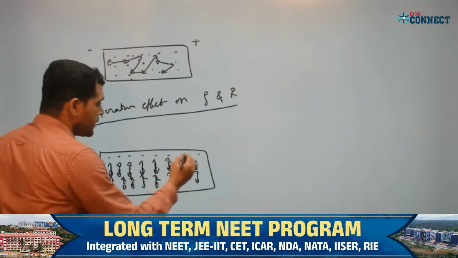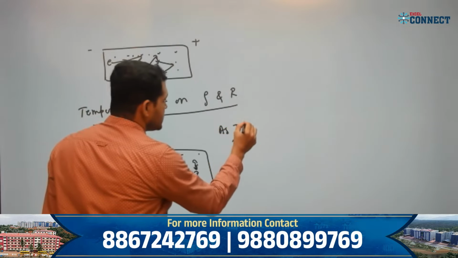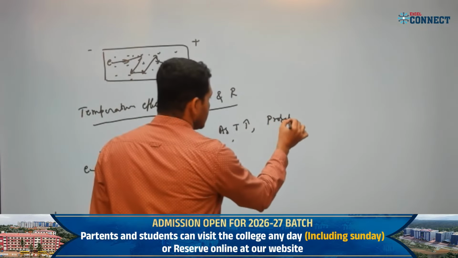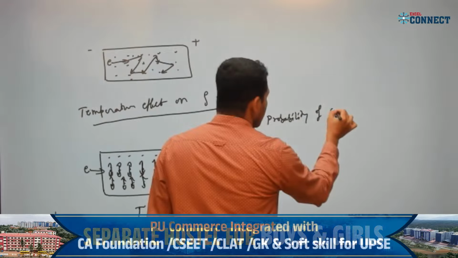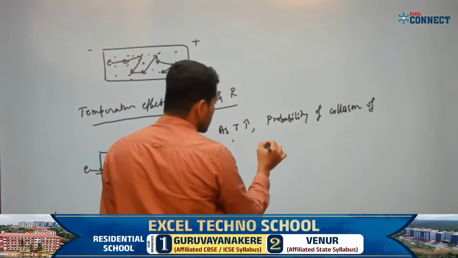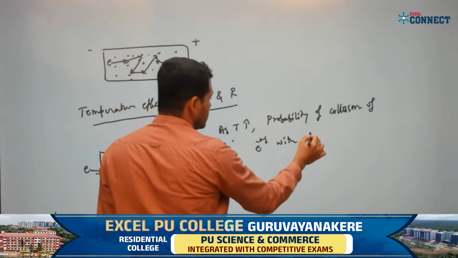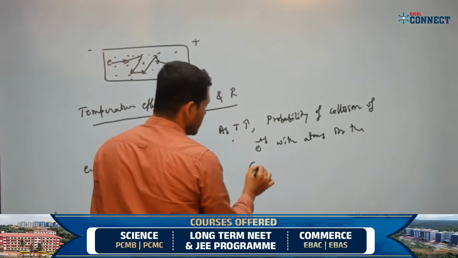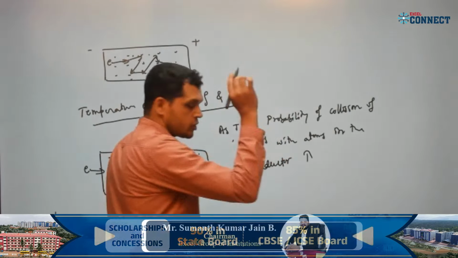That is, as temperature increases, the probability of collision of electrons with atoms in the conductor increases.